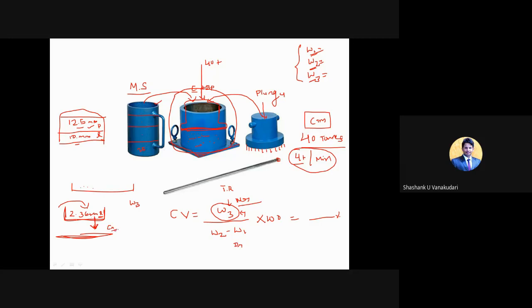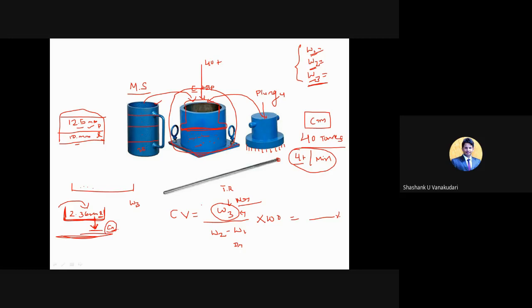So the aggregates which are passing from the 2.36 mm IS sieve are considered as the crushed particles, and that crushed particles weight we have considered as W3. That one I have noted down in the numerator part.